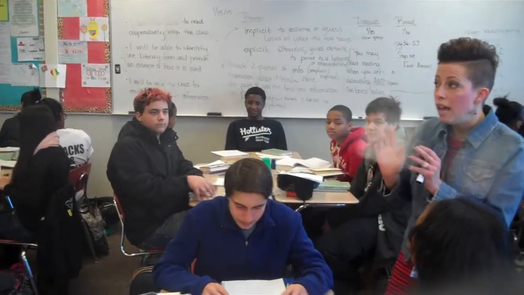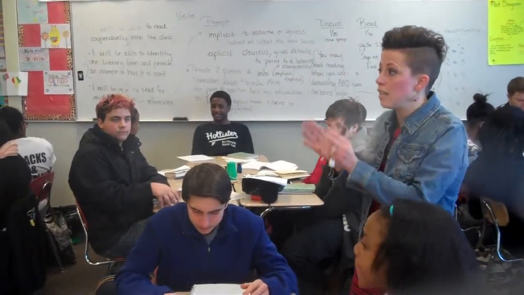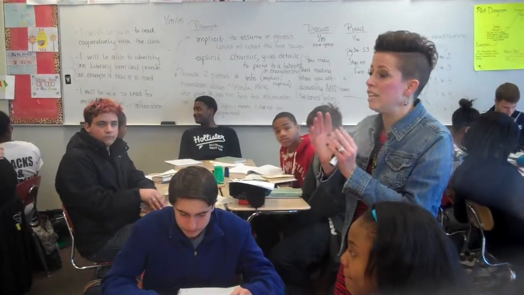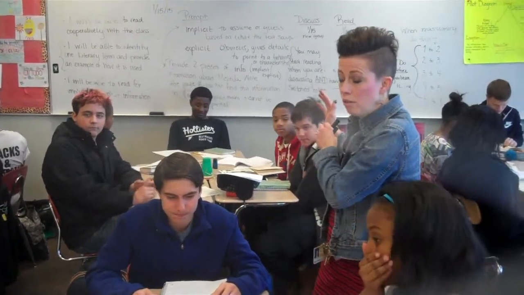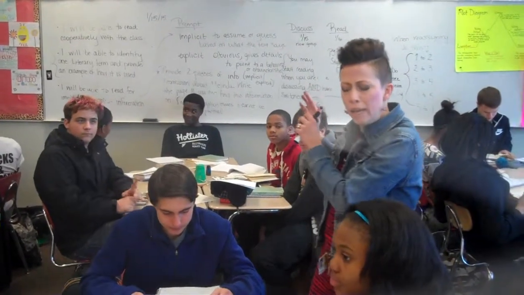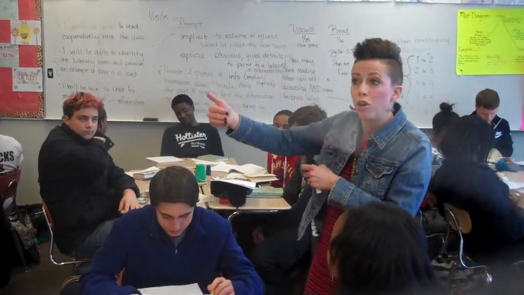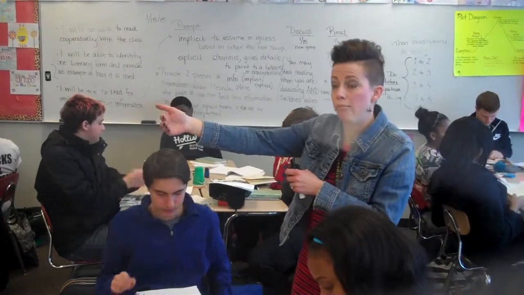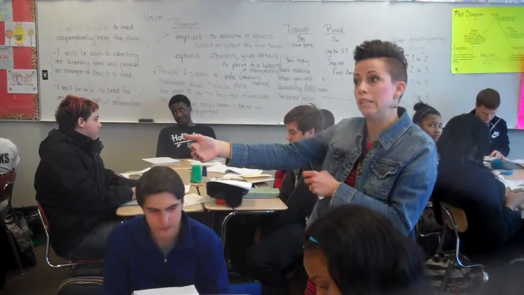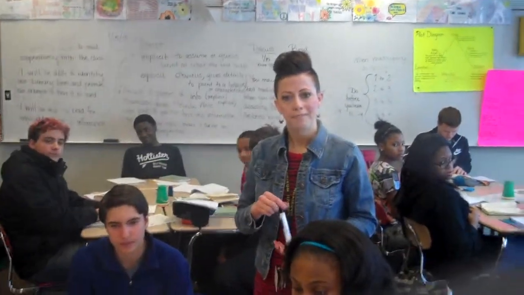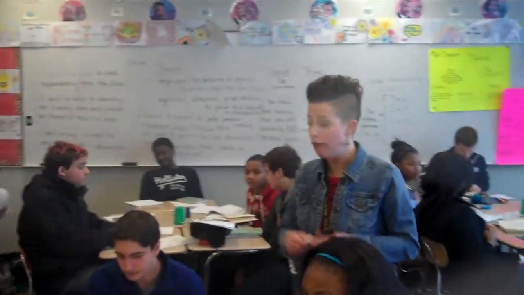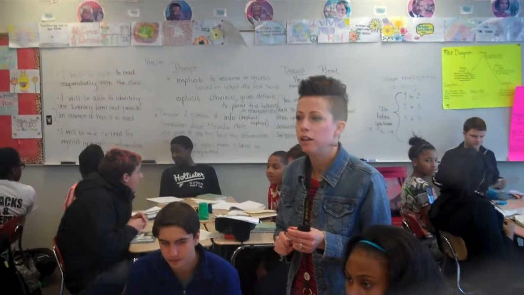If we imply that the closet is to hide from her problems, it's an implicit piece of detail, not an explicit one. Oh, so I need to flip that. Do you know what I mean? Because we inferred that the closet was to hide from her problems, unless she literally comes out and says it. She does. Where? On this. If you can find it, we need to flip it.